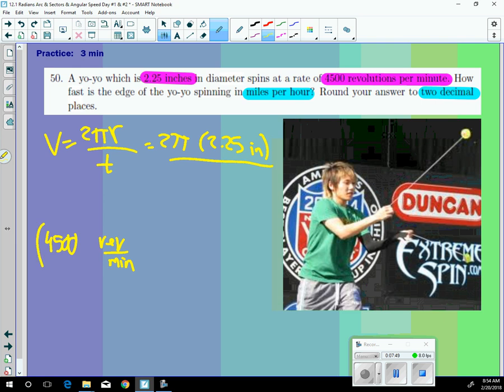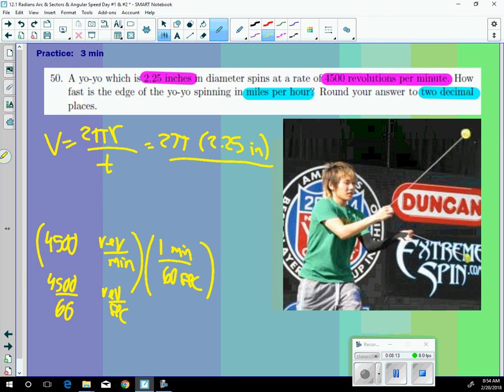Let's turn that into seconds. How many seconds in a minute? Oh yeah, in 1 minute there are 60 seconds. So take your calculator. What's 4,500 over 60? And this is going to be revolutions per second.